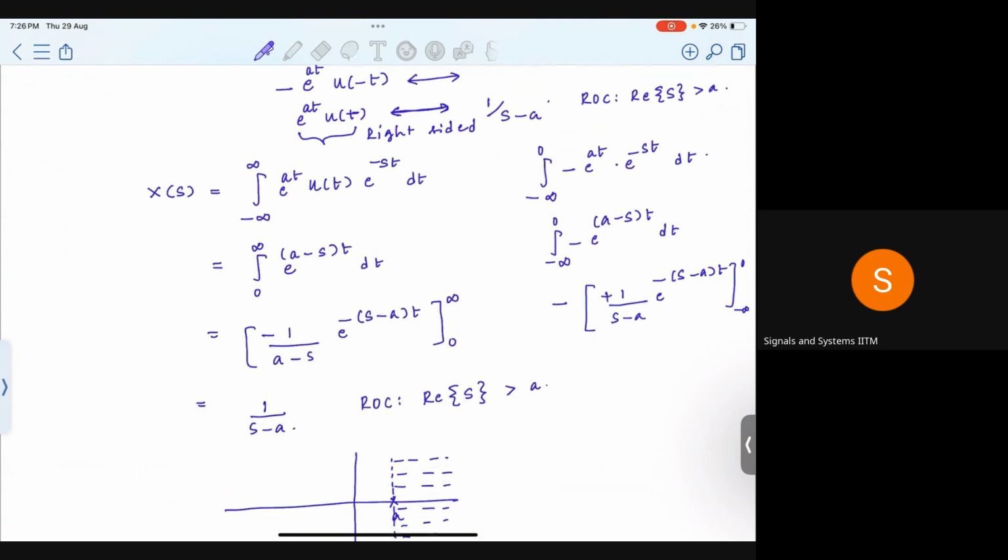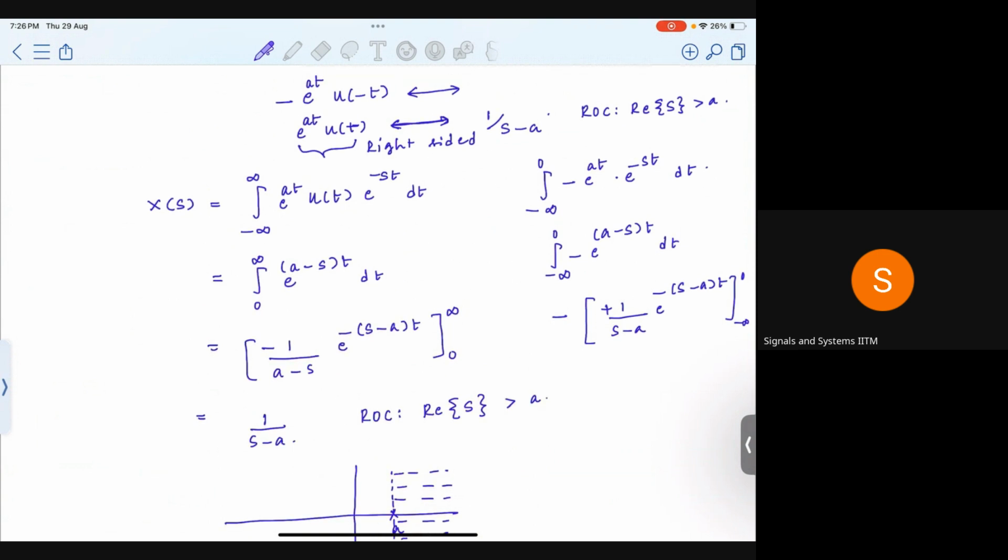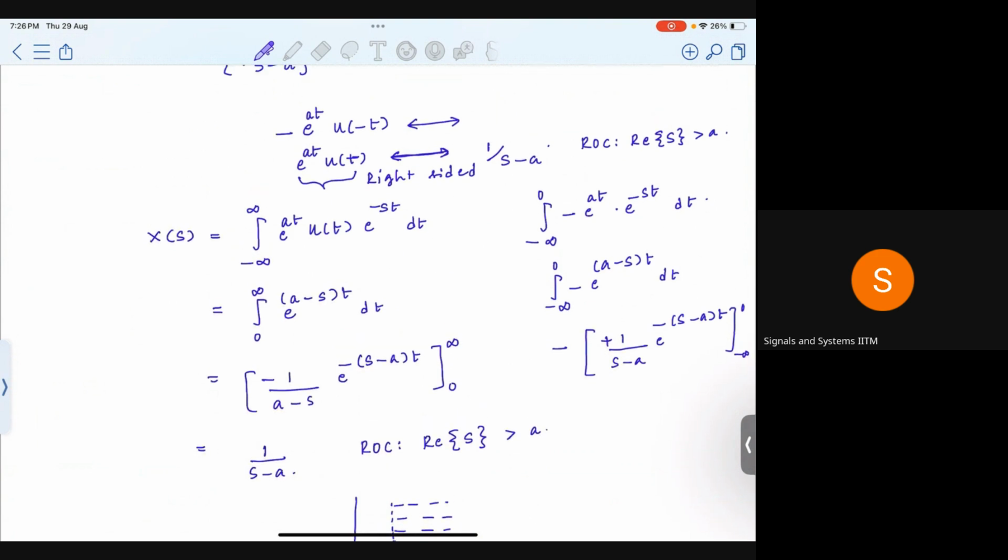Yeah, am I missing something again? I think this should be e power minus at. I think this is there in your class notes. Can somebody refer to your class notes and quickly let me know?